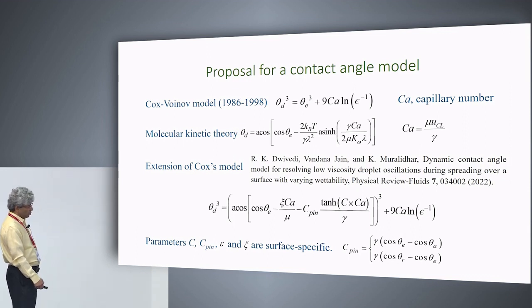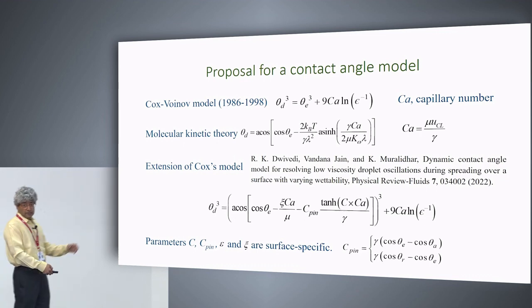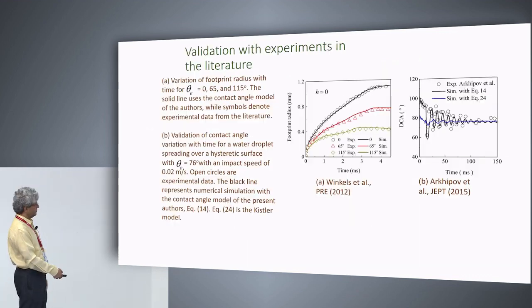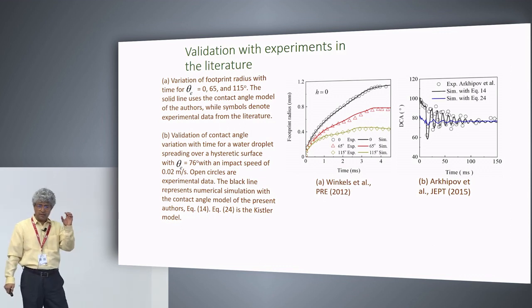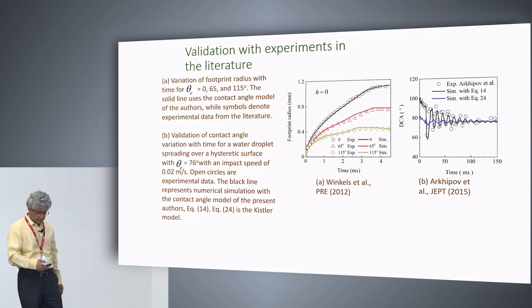So first I'll show you a little bit of our success story in using this model to represent drop spreading. This is a comparison with the experiments of others. All the circles, the symbols, are experiments, and the solid line is our simulation.